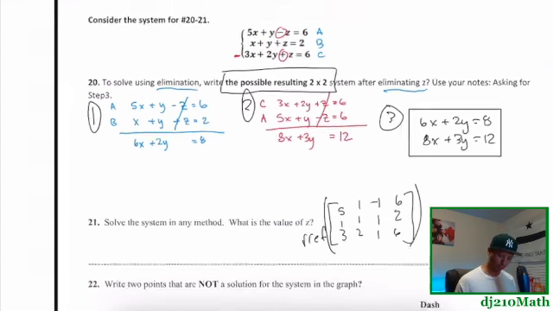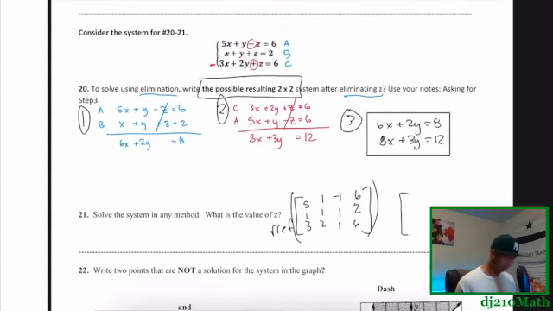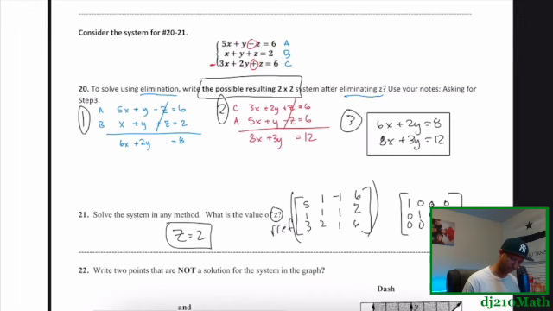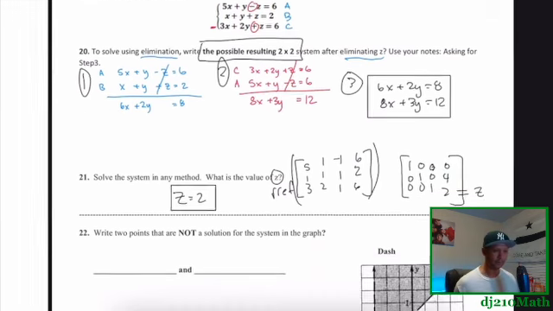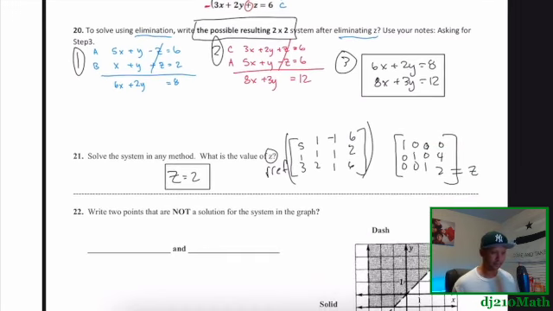So the result comes out 1, 0, 0, 0, 1, 0, 0, 0, 1. That's a 0. 0, 4, 2. So the z value is the last one. Z is equal to 2. Oh, you couldn't see it. Sorry. Z is equal to 2.